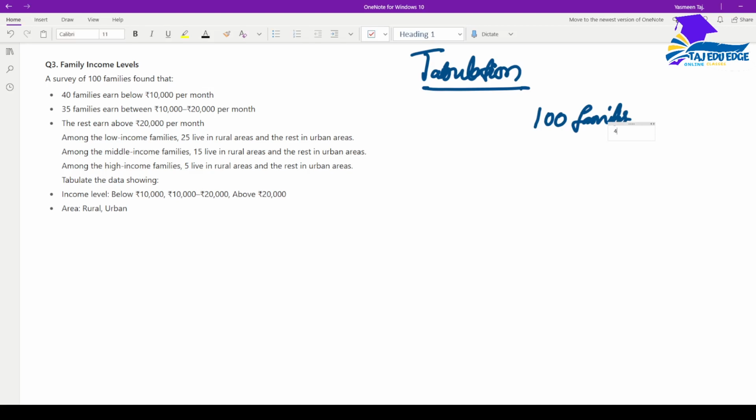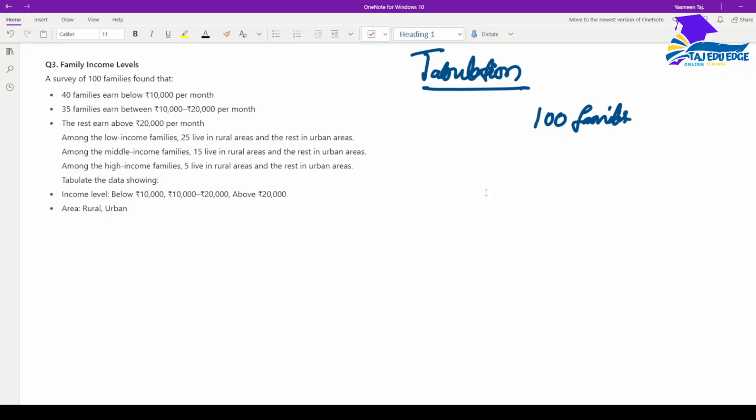We need to understand that there are three categories of income level: below 10,000, 10,000 to 20,000 and above 20,000. So here we will write down the three categories of income level.